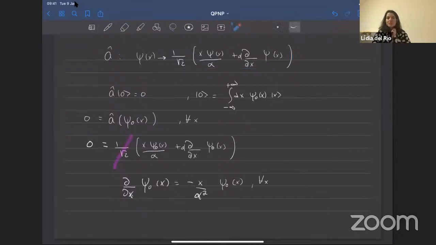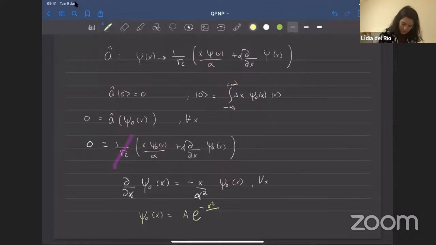And this is a differential equation that is simple enough that we can solve it. Maybe you remember from calculus, but if you don't, I can tell you the solution. The solution is that psi 0 of x is going to be some constant A times e to the minus x squared over 2 alpha squared, which is very nice because this is actually a Gaussian.